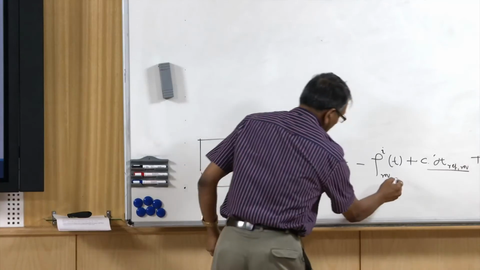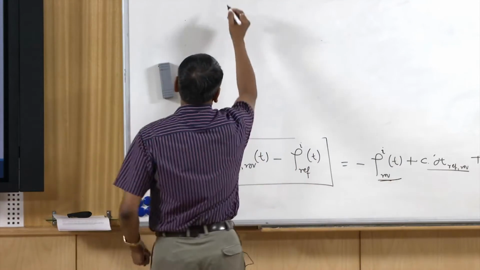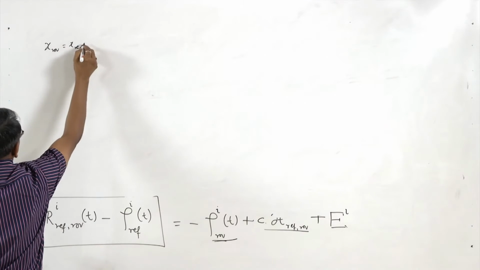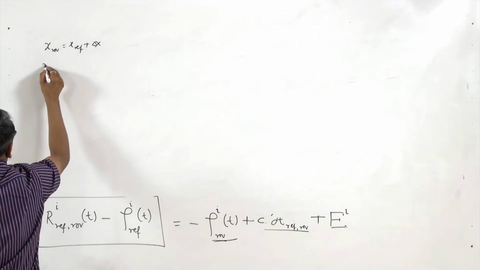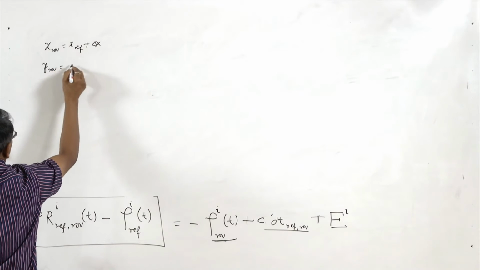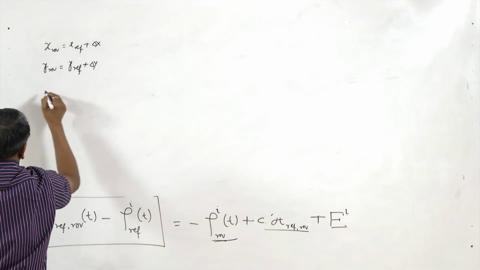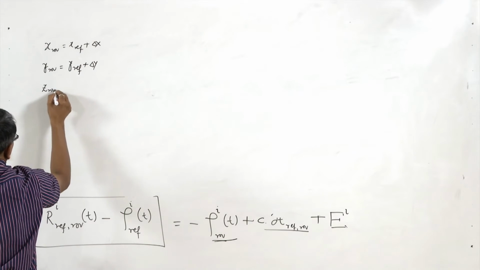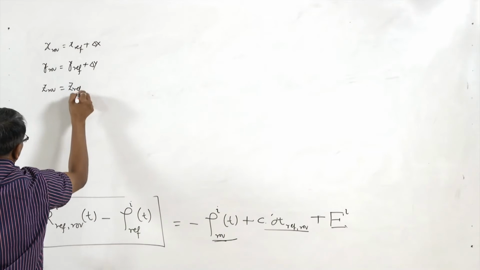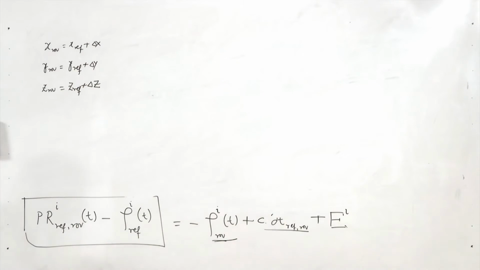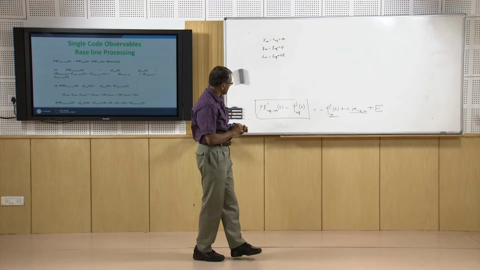Now, as we already told, X rover is equal to X reference plus del X, Y rover is equal to Y reference plus del Y, Z rover is equal to Z reference plus del Z, where del x, del y, del z are the baseline parameters.